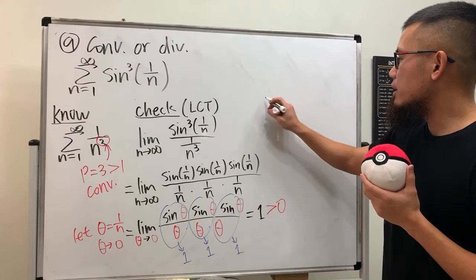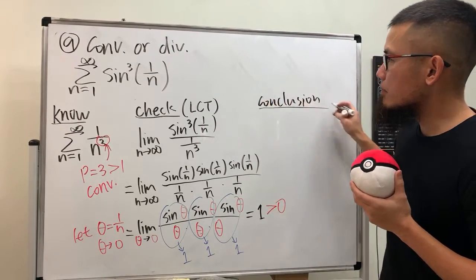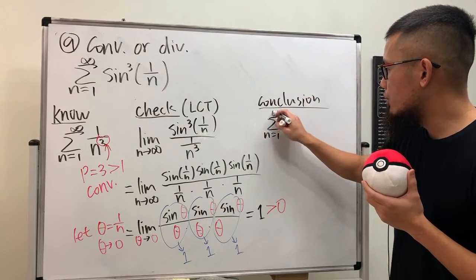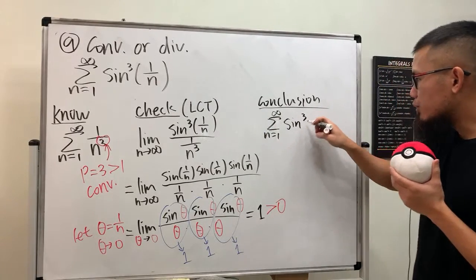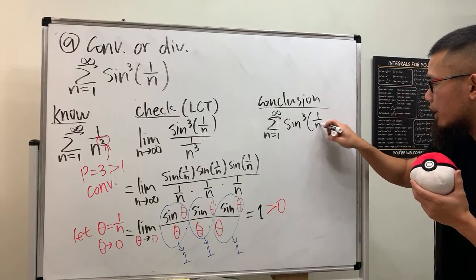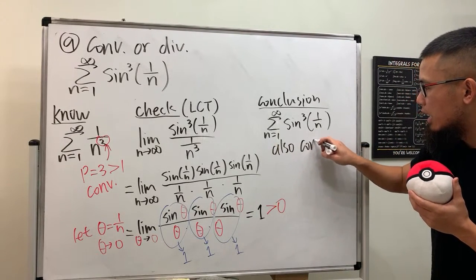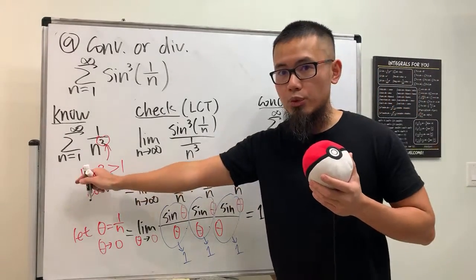And the conclusion is this. We will conclude that the series as n goes from 1 to infinity of sine to the third power of 1 over n also converges, and the reason is because we are using the limit comparison test.